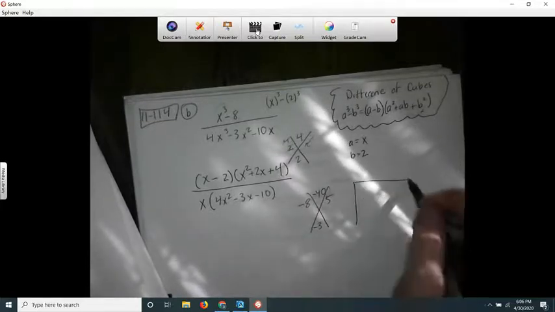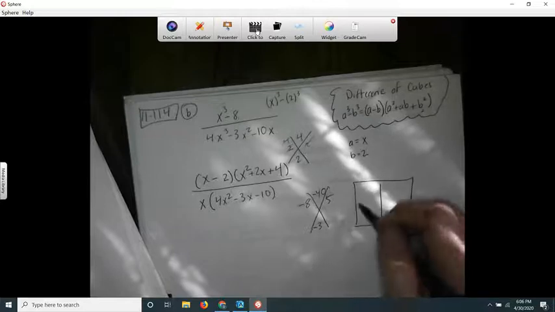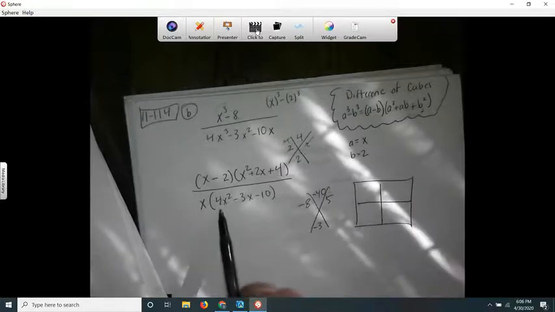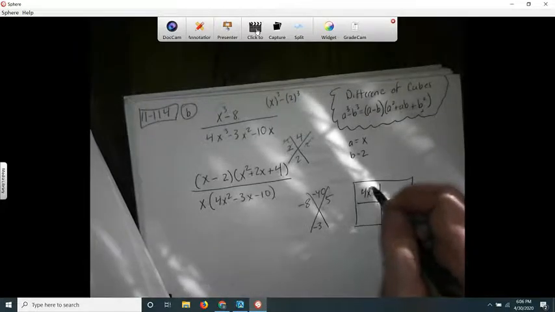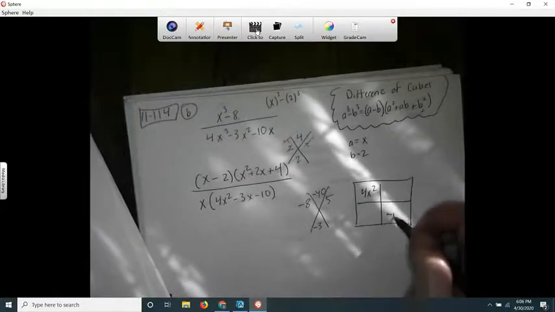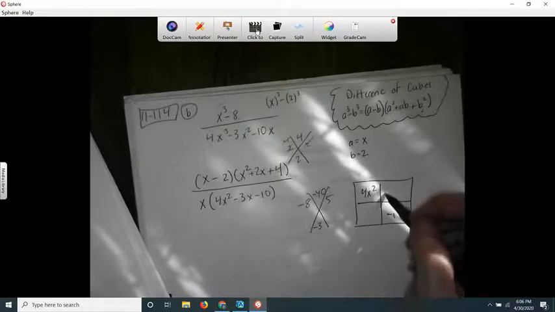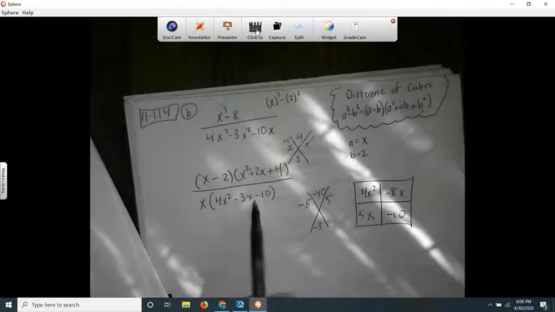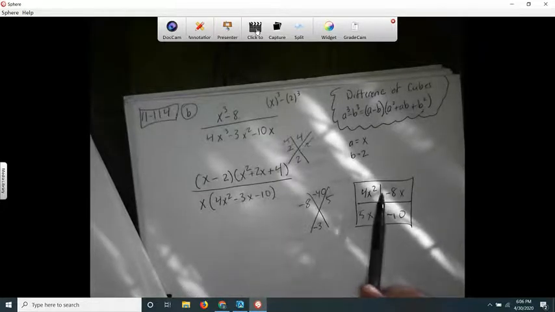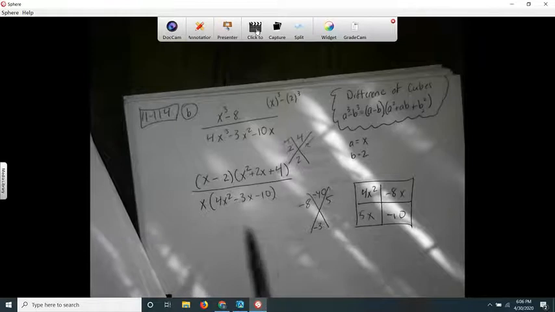I'll put that in the area model box because I've got the 4 in front of my x squared, and the negative 10 down here, and then negative 8x and 5x. So I'm splitting that negative 3x into negative 8x plus 5x.